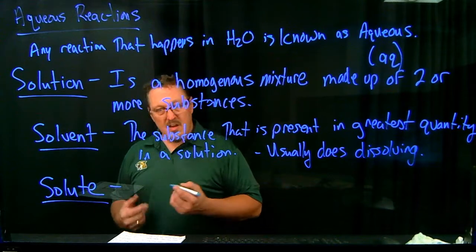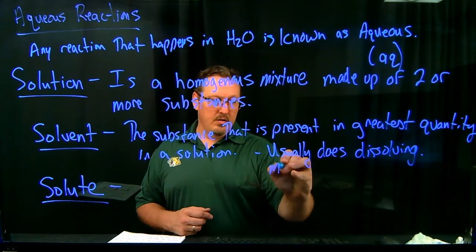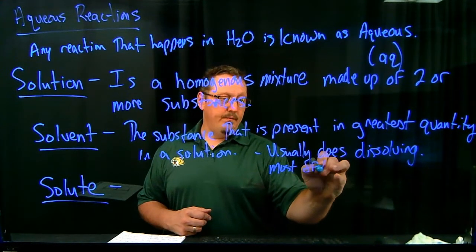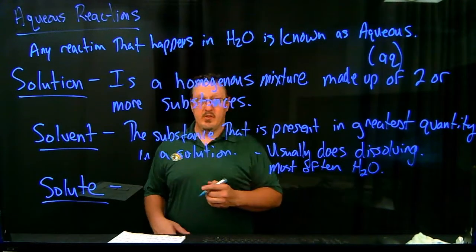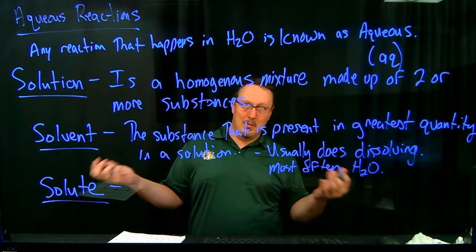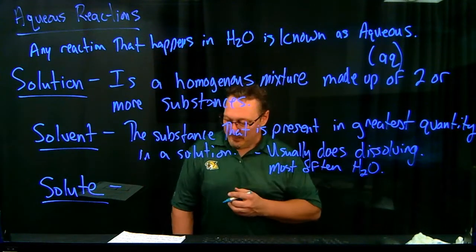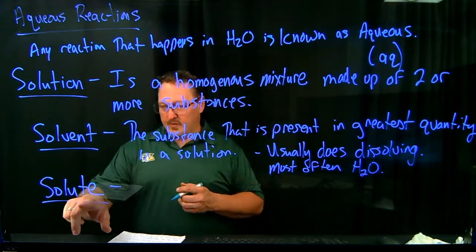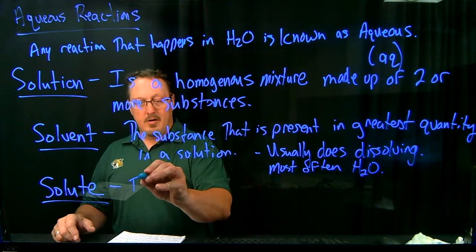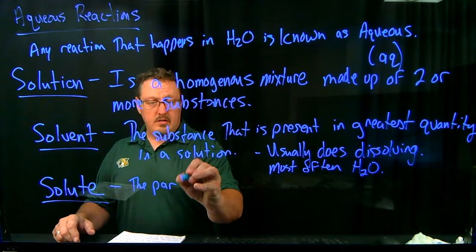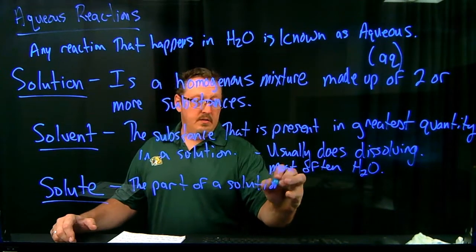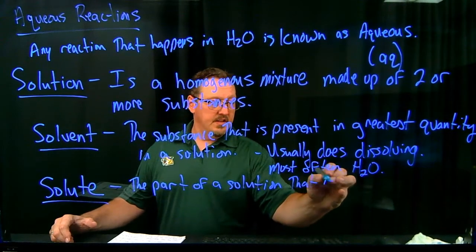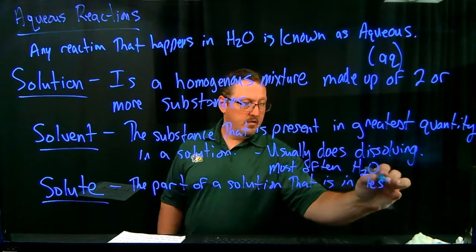And most often it's going to be water, because that just makes the most sense. That's the kind of planet we live on. It's got water in it. The other one is the solute. This is the part of a solution that is in the lesser quantity.